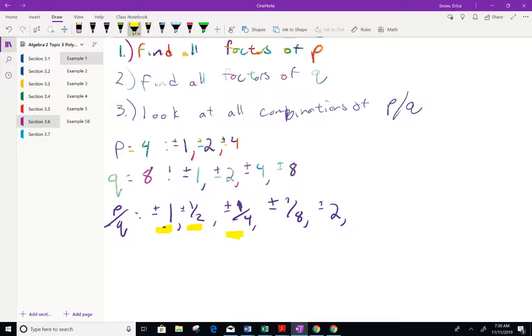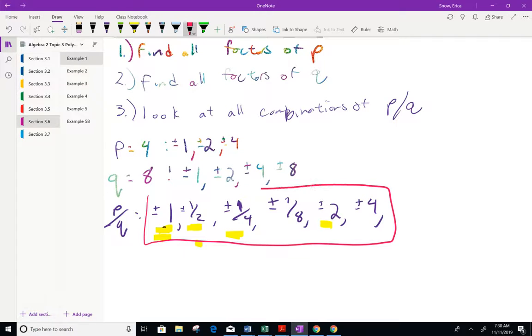So we're done there. Now we're going to do 4. So 4 over 1 is plus or minus 4. 4 over 2 is plus or minus 2, so that's already in our list. 4 over 4 is 1, and 4 over 8 is 1/2. So these are all the possibilities that we could have for our p's over q's, or our factors, or our zeros.